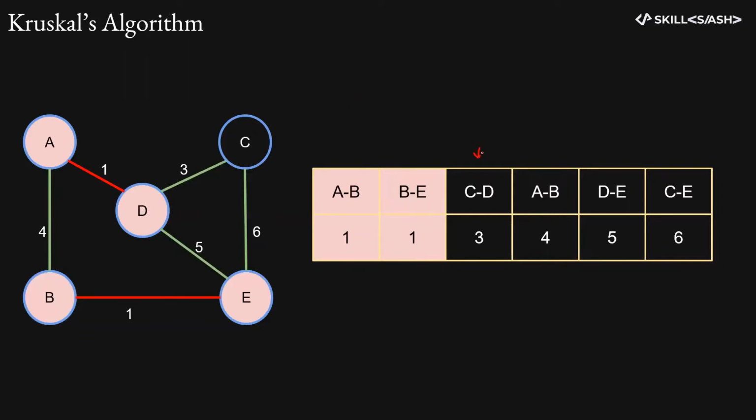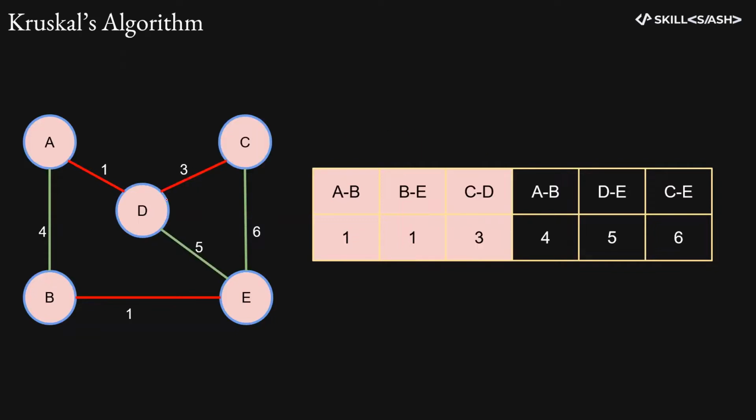Post that, in sorted order, CD is there. So we'll mark CD. And we'll mark C also, because for CD or DC, any one of them which is not covered as a source or destination, that we will mark as completed. Post that we will have to add AB. Even though the first node was AB, we will have to add AB. Why? Because so far with these three edges, AD, DC and BE, we have covered all the nodes.